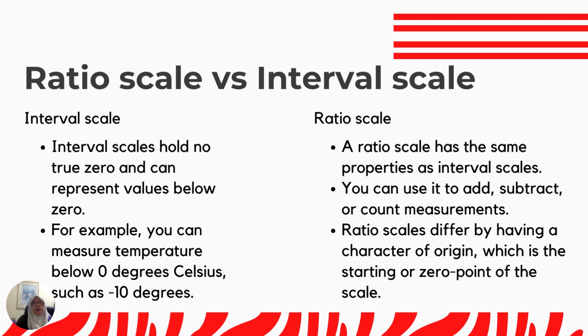Now for ratio scale, it does have a zero, and that zero means nothing. That means there's nothing there. So measuring tools that have a ratio scale will be like rulers, roll meters, because you know that there is nothing negative there. It starts from zero, and that zero means nothing.